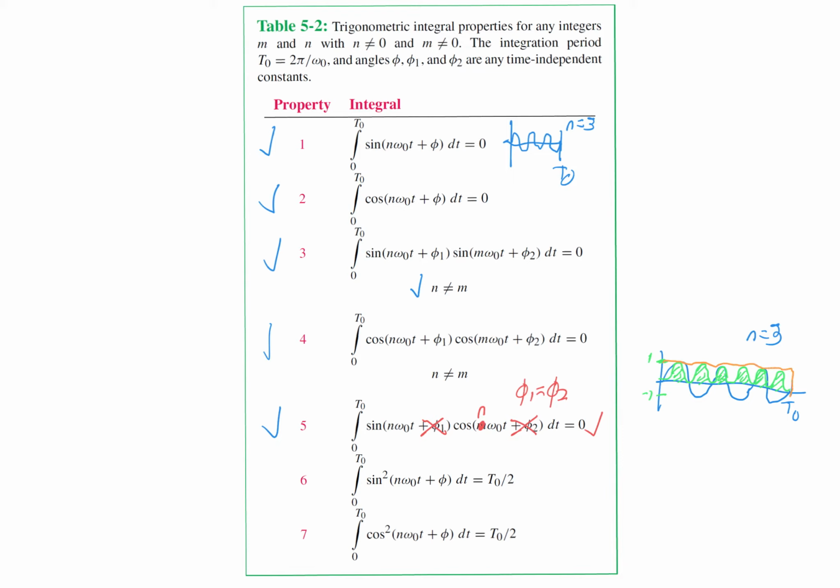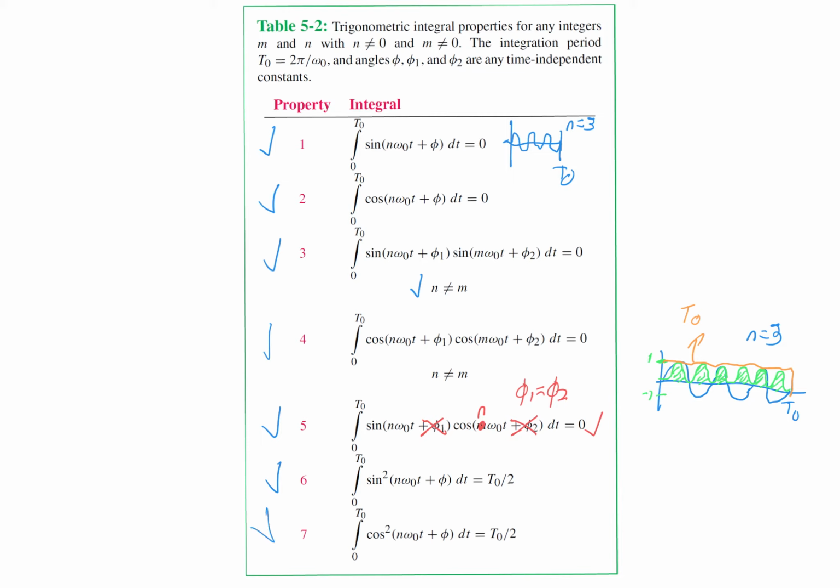So the area of that orange rectangle is going to be T0 times 1, the width times the height. So the green curve carves out exactly half of the area because of the symmetry of the sinusoid function, and I am left with the area T0 over 2 as we have for property 6. And the same thing will happen for a cosine, that's property 7.